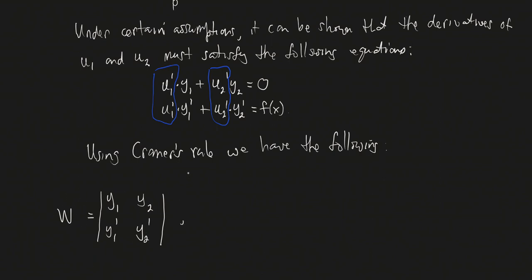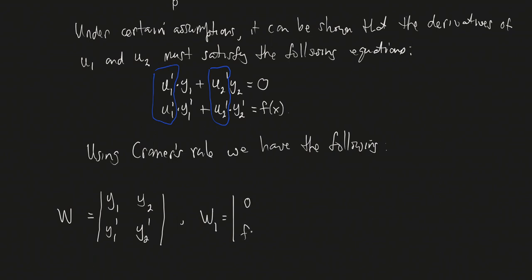And then Cramer says the second determinant that I need, the one that will allow me to solve for the variable in the first column, I replace these coefficients with the column that's on the right-hand side of the system. So I just need to modify this determinant, and I'm going to call that one W1. Instead of having the column y1, y1 prime, we're going to have 0, f of x.